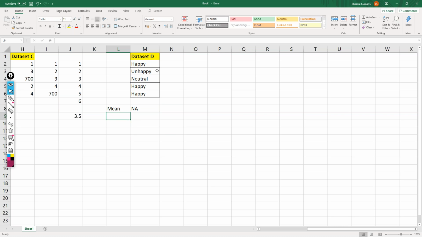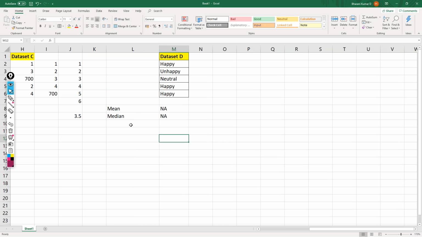Mean cannot be calculated when you have this kind of data, and this kind of data is called categorical data. Categories. Can you calculate median? No. Then how do I calculate? I cannot always expect numbers in the data my organization gives me for analysis. There might be categorical data also.